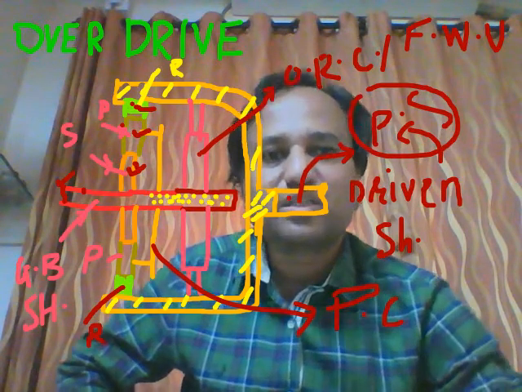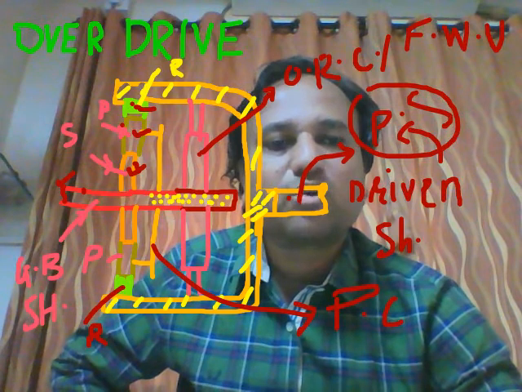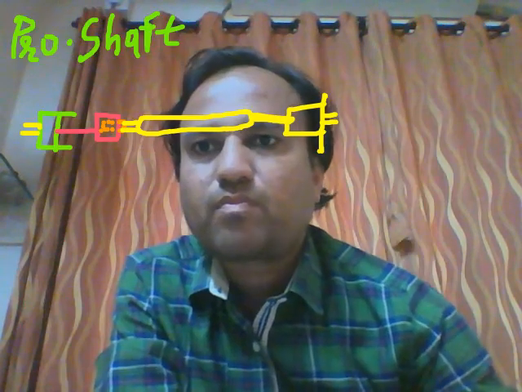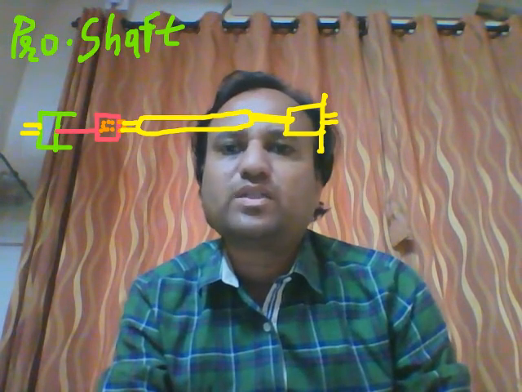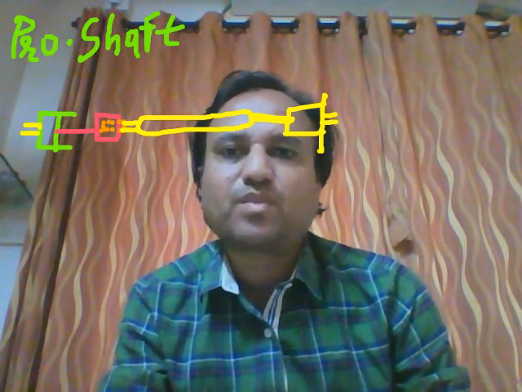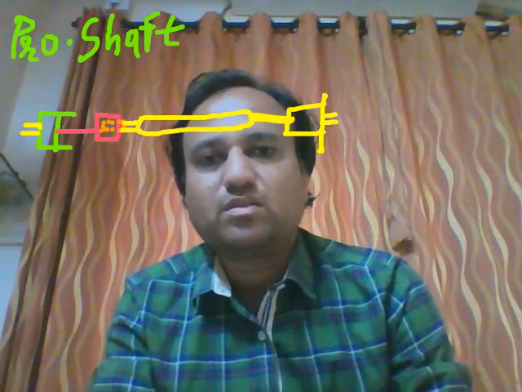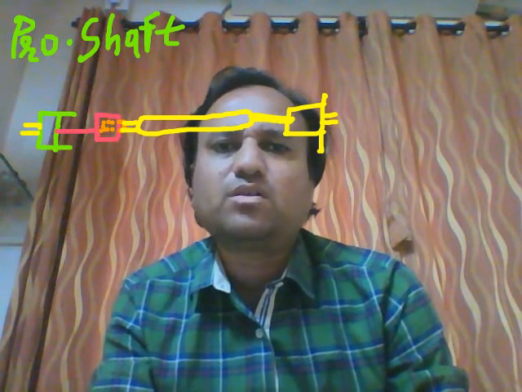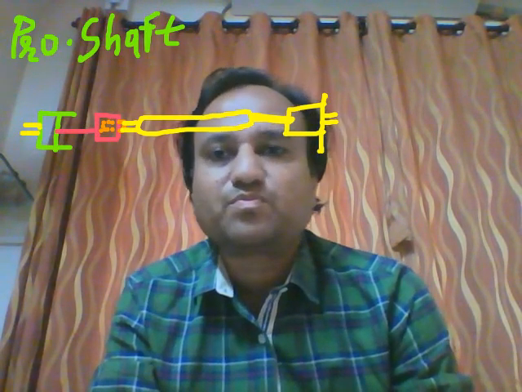We will discuss the construction and working along with the usefulness of the propeller shaft. The propeller shaft is connected in between the gearbox and differential, or in between overdrive and differential if overdrive is used.